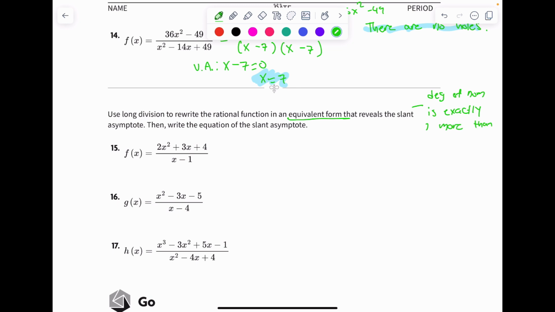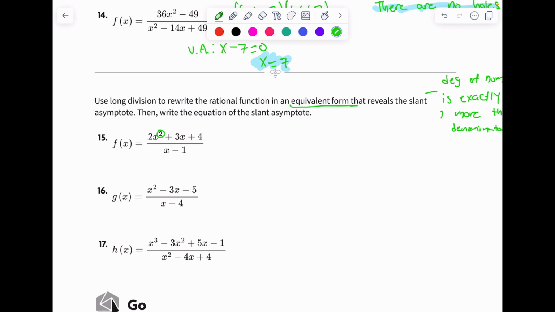I think that's an important concept that we kind of need to think about, okay? Because that only happens when there is 1 degree more. If not, there's no slant asymptote. So for example, here my degree here is 2, degree here is 1, so that should work, okay?